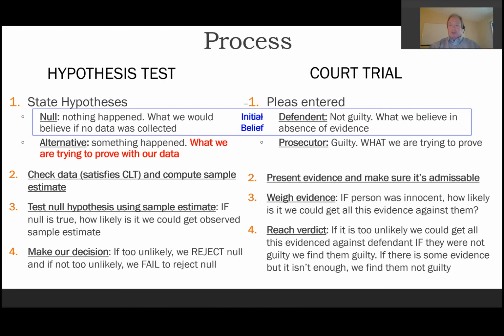We flip, right? We say, now with all this evidence, it's too unlikely that you could be not guilty, and they render a verdict of guilty. If there's some evidence, but not enough, we find them not guilty. We don't say they're innocent. We're just saying there wasn't enough evidence to convict them.